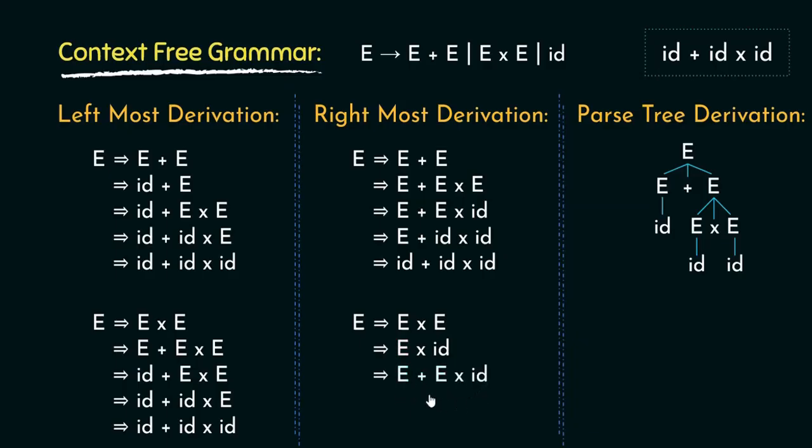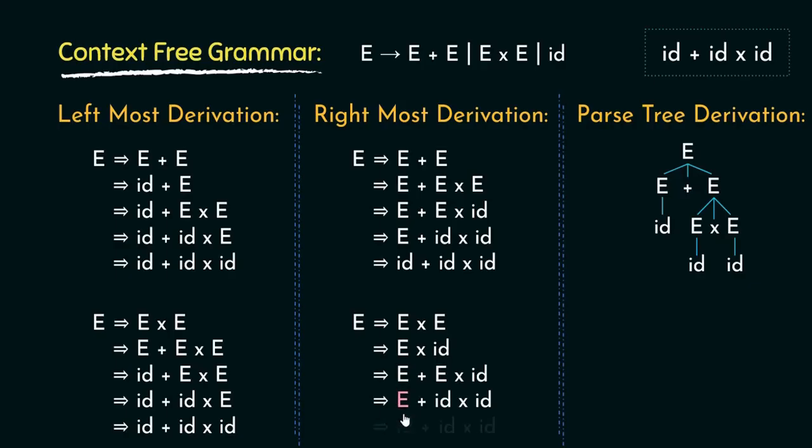Now there are two e's and among them, this is the rightmost one. Since we have achieved the format already, using the third rule, that is, e can be rewritten as id, we will derive the sentential form e plus id into id. So we are almost there. Now all we have to do is expand the only e.